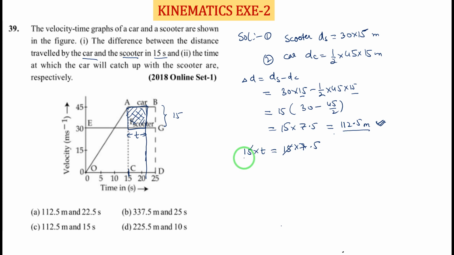Now from here you will cancel out 15. So it is coming t equals to 7.5 second. This is 7.5 second after 15 second for the car to catch up the scooter. And therefore what is the exact time? So we have to add 15 plus 7.5, which will give you 22.5 second, right? And therefore answer is A.